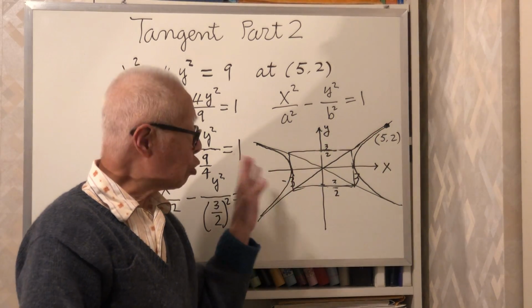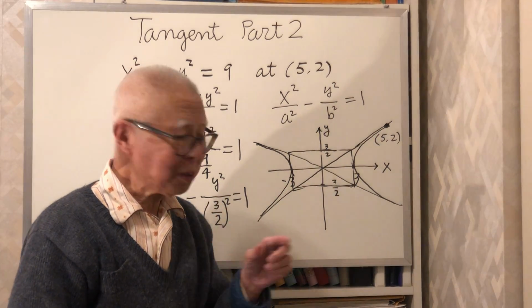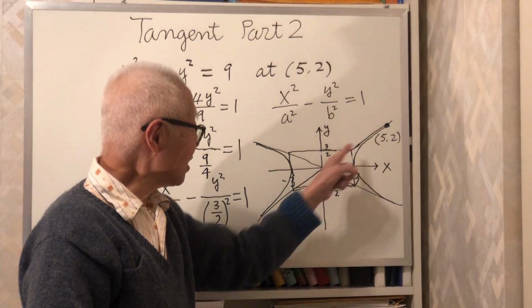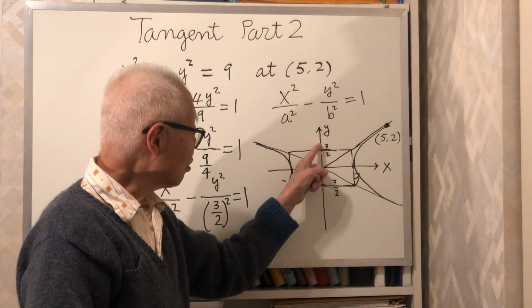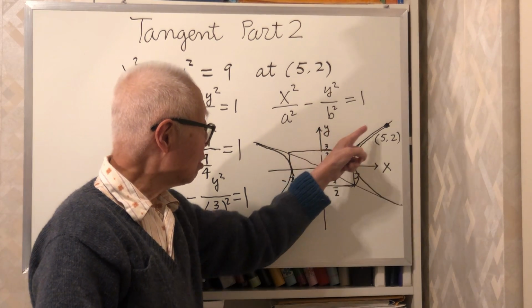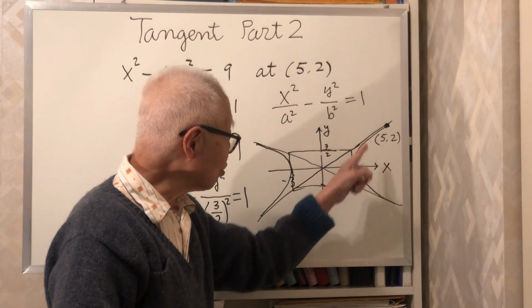Okay, my drawing is not to scale because this is 3, this is 1.5, and 2 is here roughly. But 5 is too close.